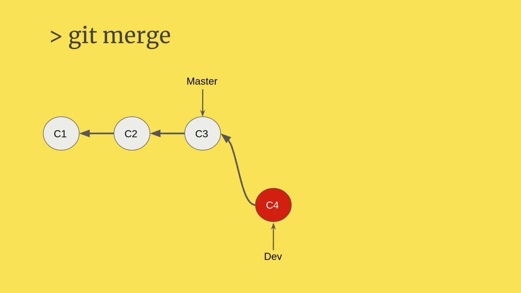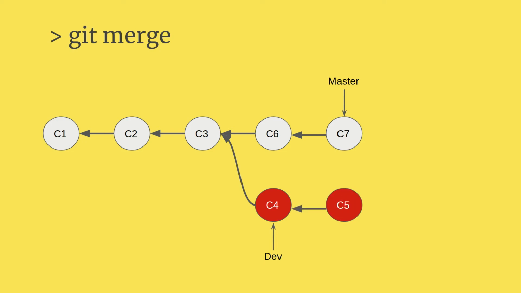My dev points to the latest commit, C4. Similarly, I'm going to make 2 commits in the master branch, C6 and then C7, that is commit number 7. Similarly, let's make another commit in the dev branch. Now you can see that we have 2 well diverged branches, master and dev.